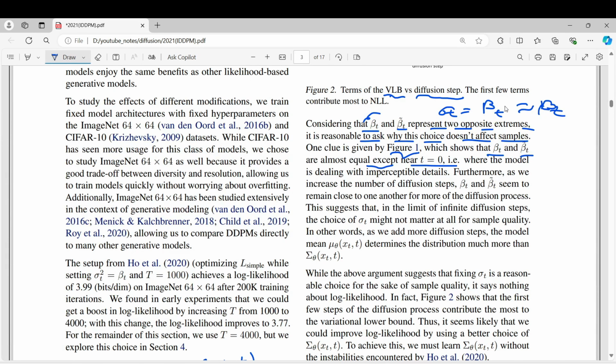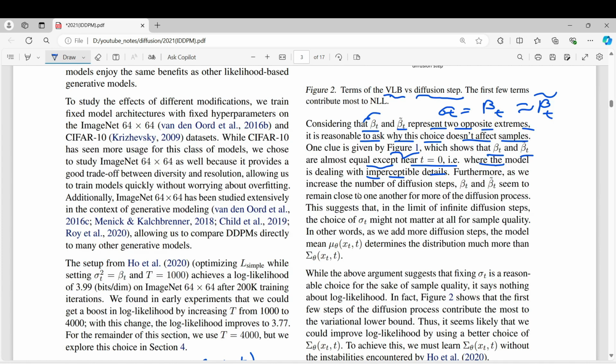So they are saying that we can fix this quantity. I can just write it as beta tilde. That is where the model is dealing with imperceptible detail.